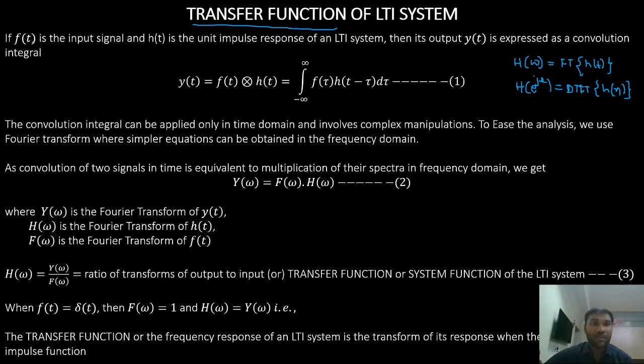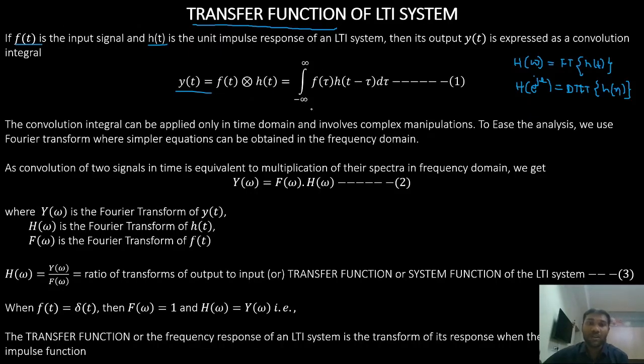Now f of t is the input we are considering, and h of t is the corresponding impulse response of the LTI system. For a given input and impulse response, we can find the response of the LTI system, which is nothing but the convolution of input and impulse response.